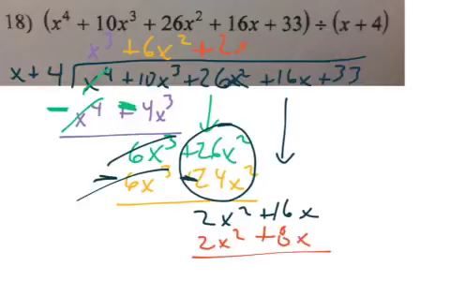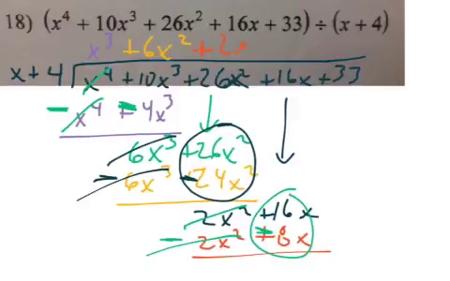And again, when I subtract, the 8x becomes a minus as well. Notice 2x squared minus 2x squared is 0. And 16x minus 8x, I'll write up here, is positive 8x. And then, of course, I bring down my 33, which is my last term.